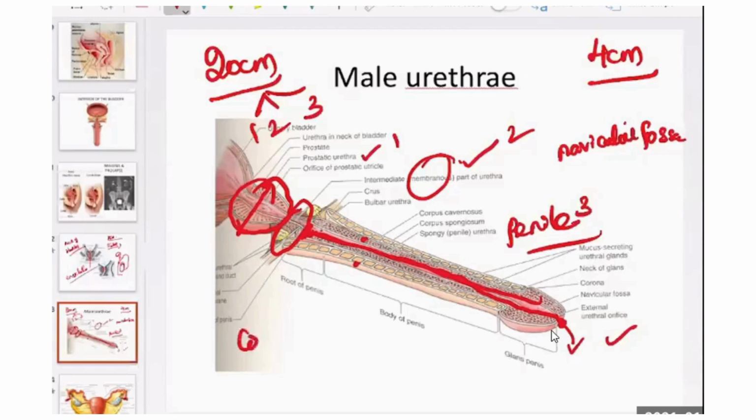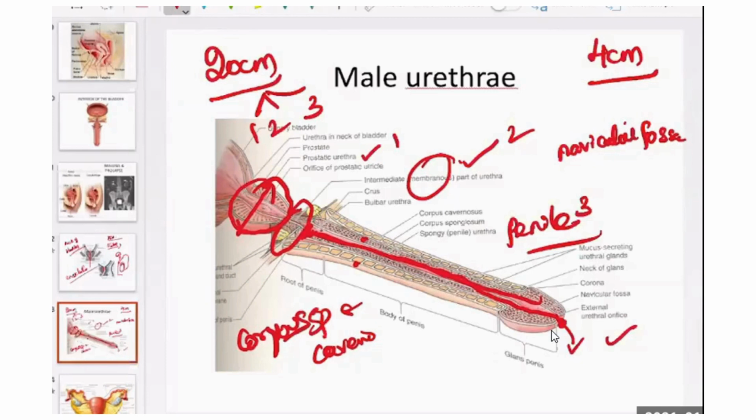Corpora cavernosum. Remember, the whole of the external genitalia of the male is formed by erectile mass. Abundant blood supply is present in this area through the corpora spongiosum and corpora cavernosum.